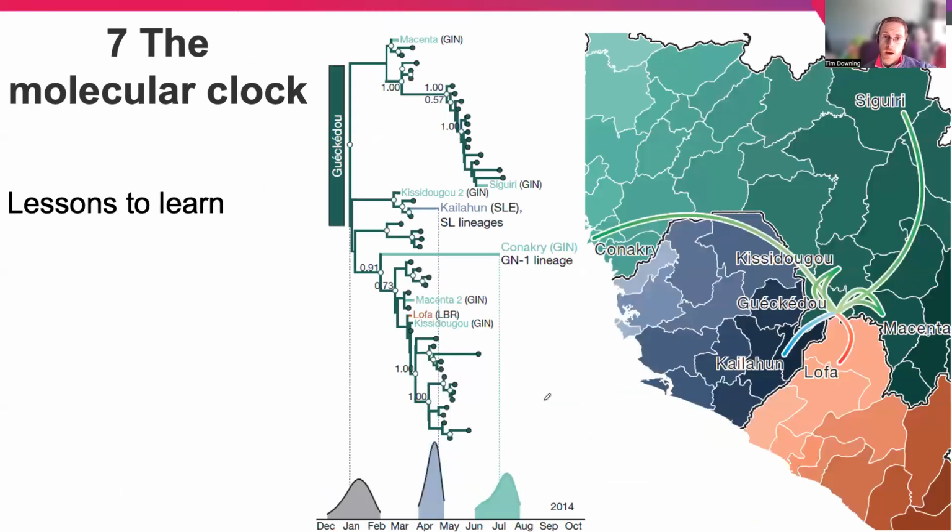So if we look at that epidemic as well, there are lots of estimates of when particular bifurcations occurred. So you can see we've got near the epidemic source in Guéckédou, in Guinea. We can see that's where it started. It's likely that there was a young toddler playing with some fruit or in her back garden, and it's hypothesized, or seems reasonable certainly, that she somehow came in contact with a bat and became unwell.